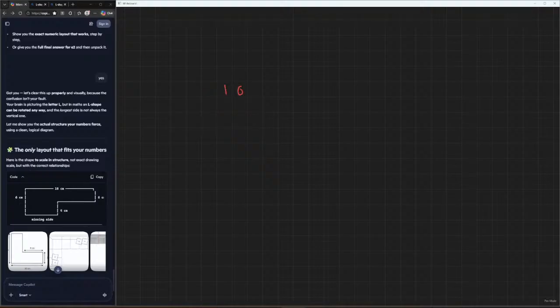Let us do 10 plus 6, 4 plus 6 plus another 6. So then we do 10, 10, 20. 20 here plus 32. 52 centimeter.